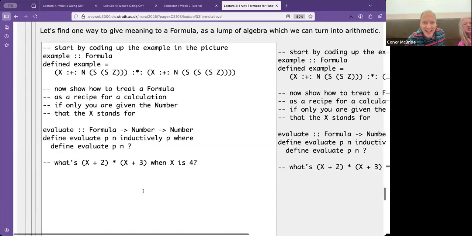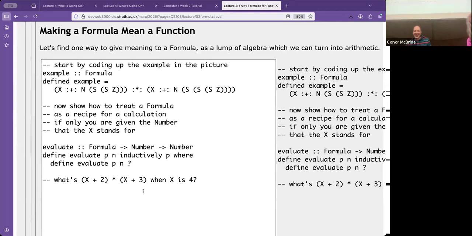Okay. And then by the same token, we are actually going to want to look at the formula. So that's a job for from. So here, the plum looks like colon plus colon, and the tangerine looks like colon times colon.